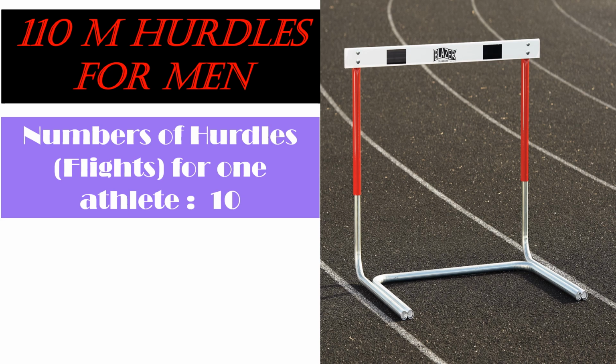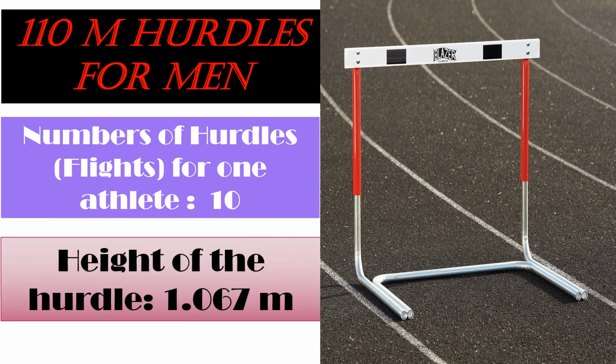Now, let us know about the 110-meter hurdle for men. The number of flights or hurdles which an athlete has to cross or go over during the race is 10. They have to pass 10 hurdles, then only they will reach the finish line.